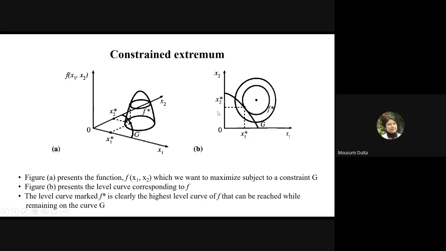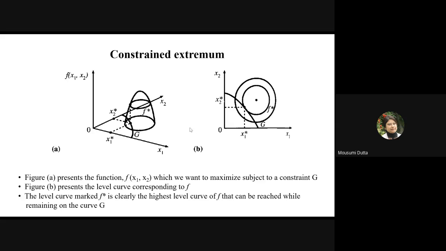Whenever we talk about a maximum or minimum, the maximum is this point. However, in the case of constrained optimization, there is no guarantee that you will be able to reach here.